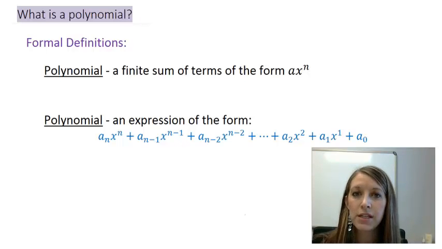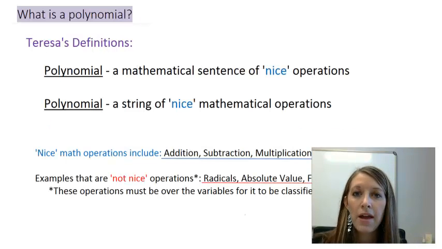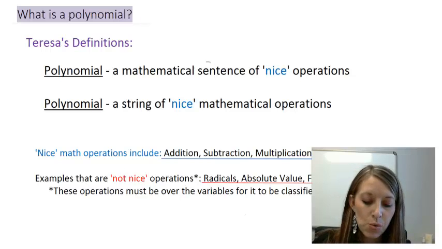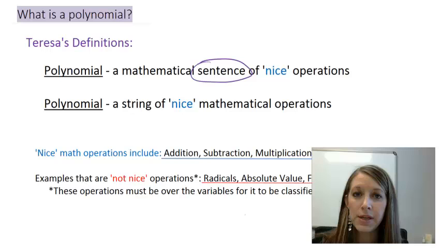So I have tried to come up with my own definitions of polynomials. I've defined it in one of two ways, but hopefully you see how they fit as one and the same. My first definition of a polynomial is a mathematical sentence of nice operations, and I use the word sentence for good reason. Just like a sentence in our English language, it has a very formal structure.